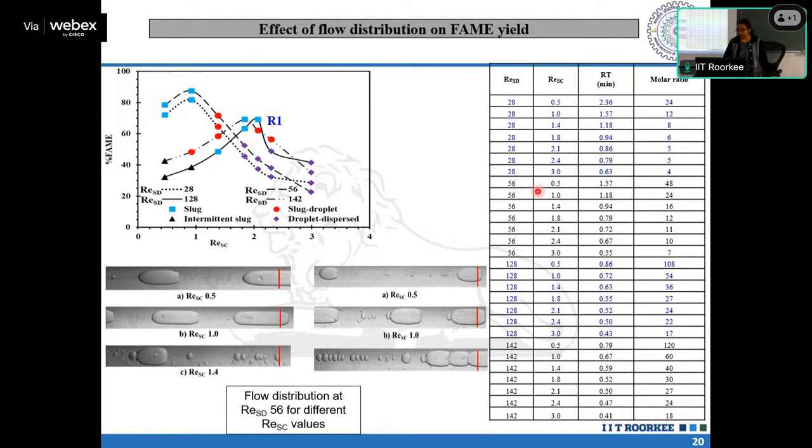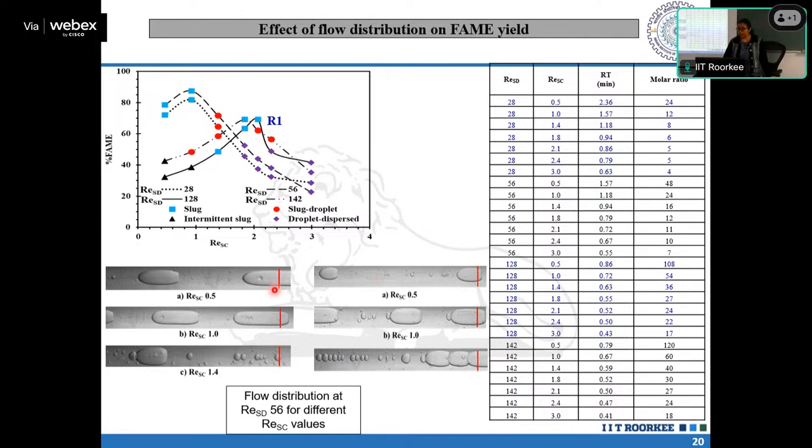If we check here, the residence time is this. For 0.5, it is slightly increased, but what happens is that there is very little formation of droplets.